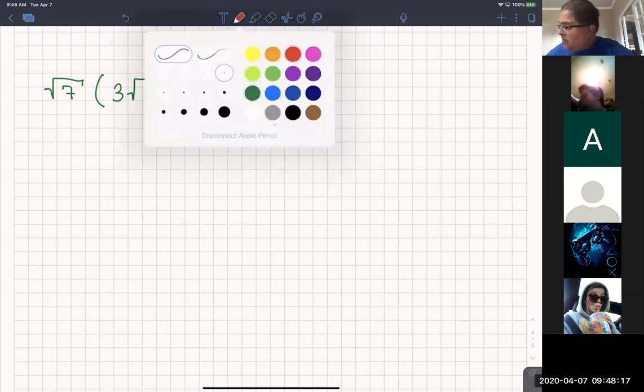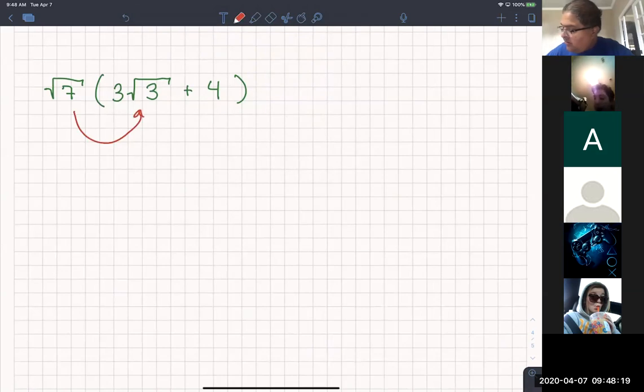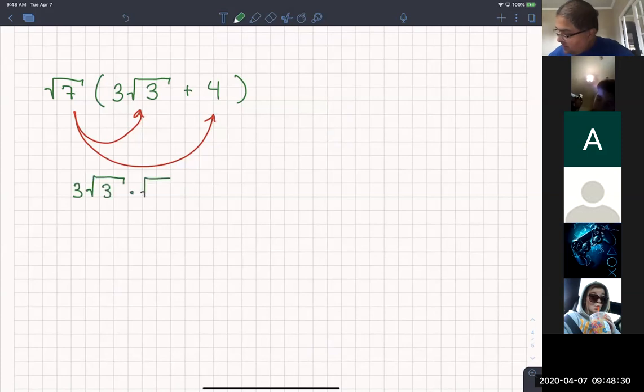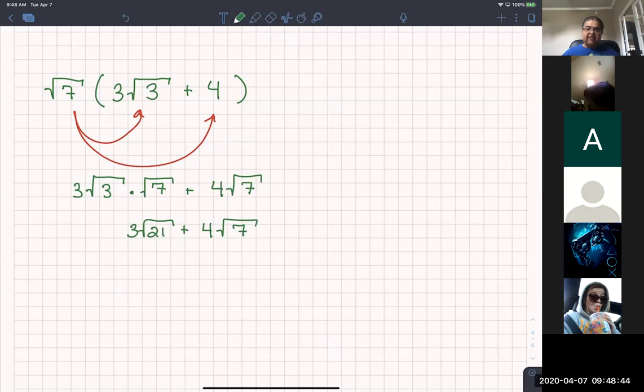So when you distribute, draw your rainbow if you need to. Now, once you get to this step, you see if you can further simplify, but you can't. 21 can't get broken down, and since the radicals are different, you can't add them.